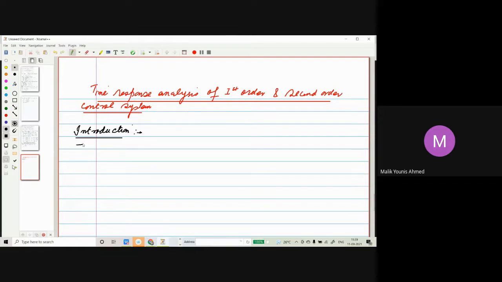So first is the response of a system as a function of time t, which is called the time response of the system.